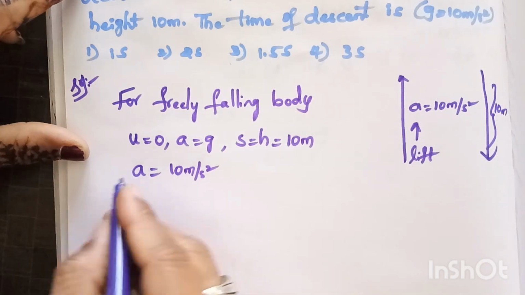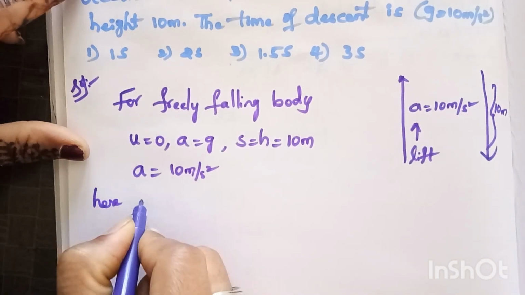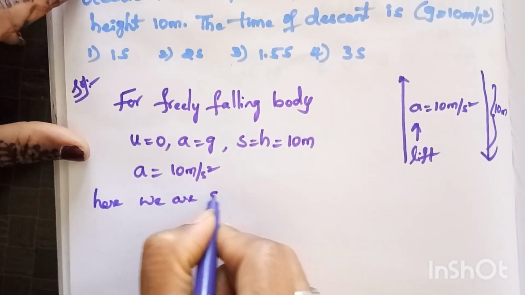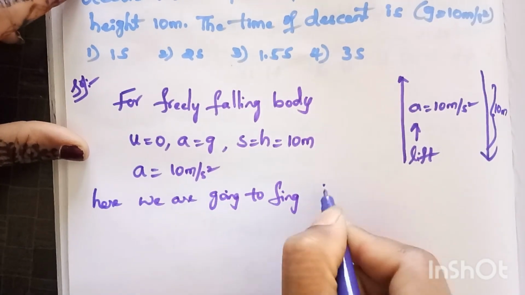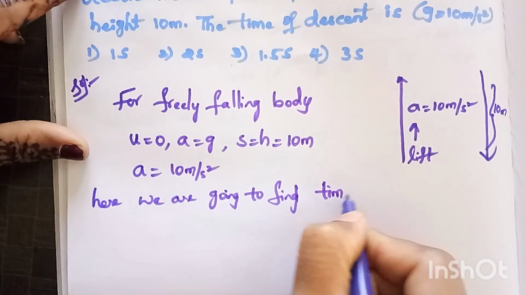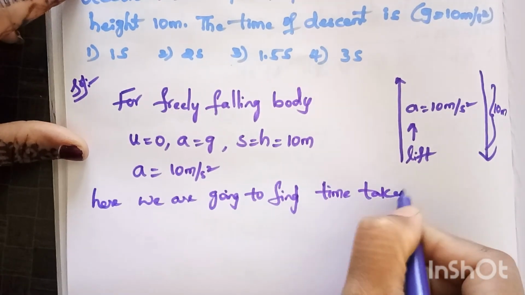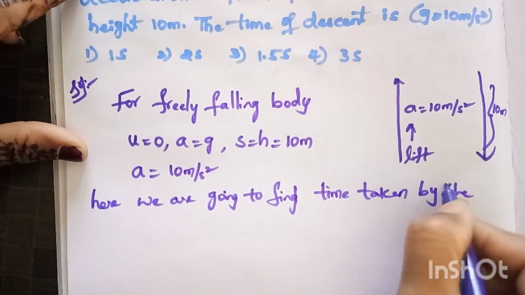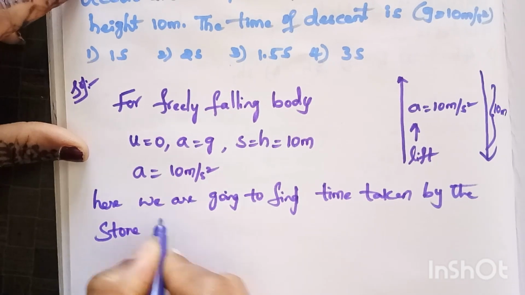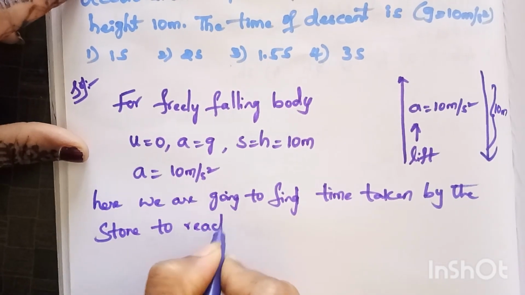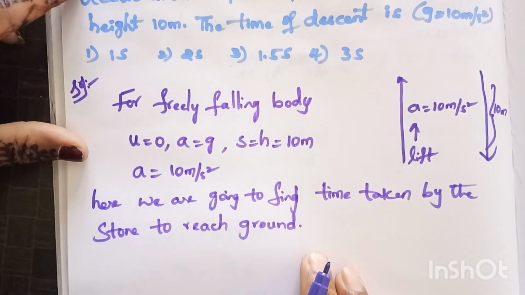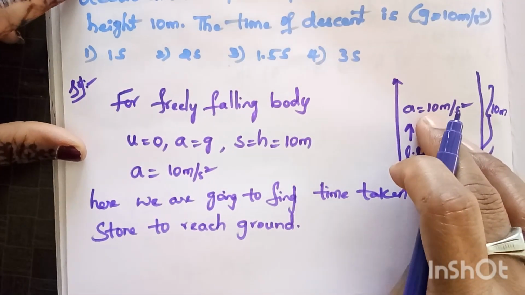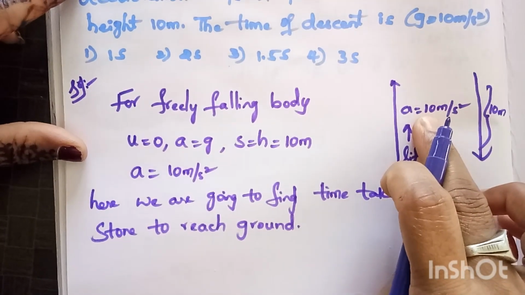So here we are going to find the time taken by the stone to reach the ground, with an acceleration of 10 meter per second square.